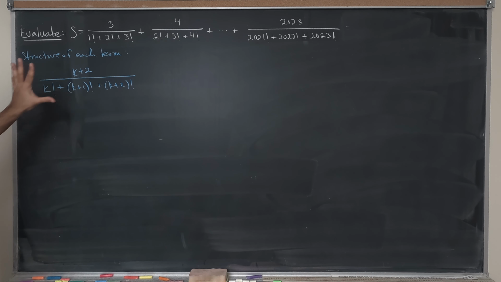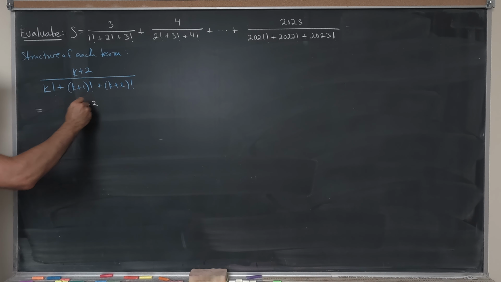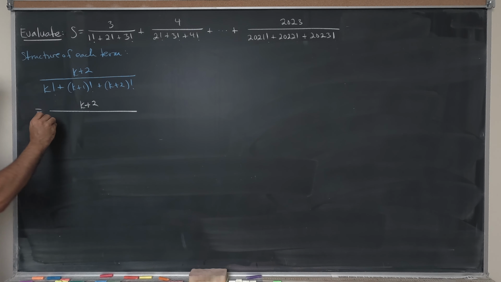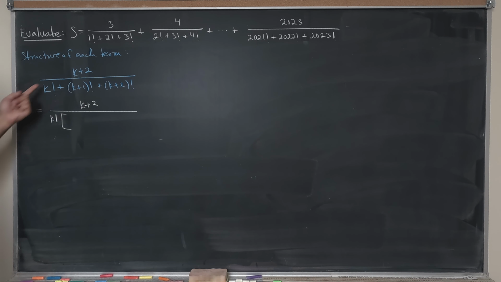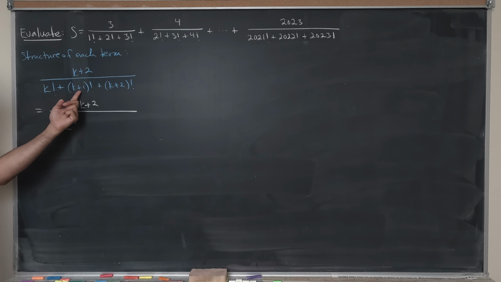So if we can just simplify this and see if it can take us anywhere, we'll be in business. The first thing we can do is take the denominator and factor out a k factorial. When we do that, this term leaves us with 1. Then this, k plus 1 factorial, is just k plus 1 times one number lower than that, k factorial.